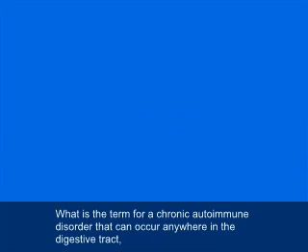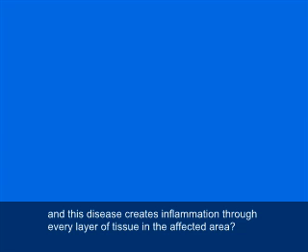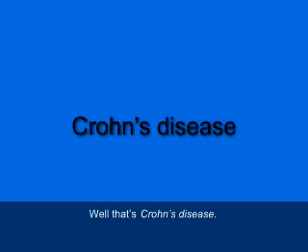What is the term for a chronic autoimmune disorder that can occur anywhere in the digestive tract, but is most often found in the ileum and the colon? And this disease creates inflammation through every layer of tissue in the affected area. Well, that's Crohn's disease, capital C, ROHN apostrophe S, disease, DISEASE.